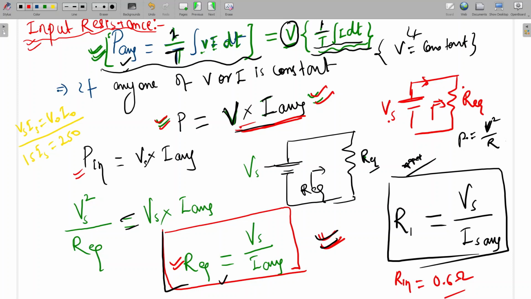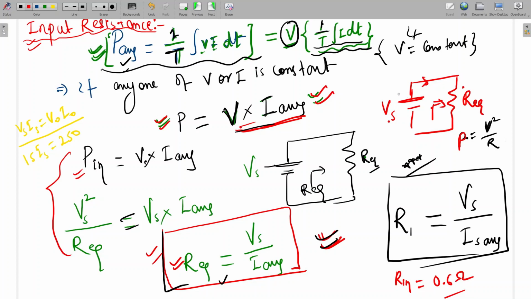So in any converter, if it is asked before the switch, see, before the switch the source voltage is constant. One thing is constant, so this formula we have to apply: R equivalent is equal to Vs divided by I average. I have already derived why here. Everything I have written, why it is average. Directly we can, no need to do this Vs by I average since the power is known.